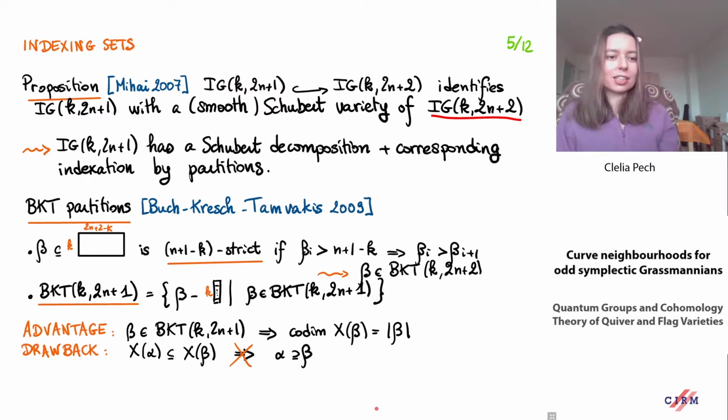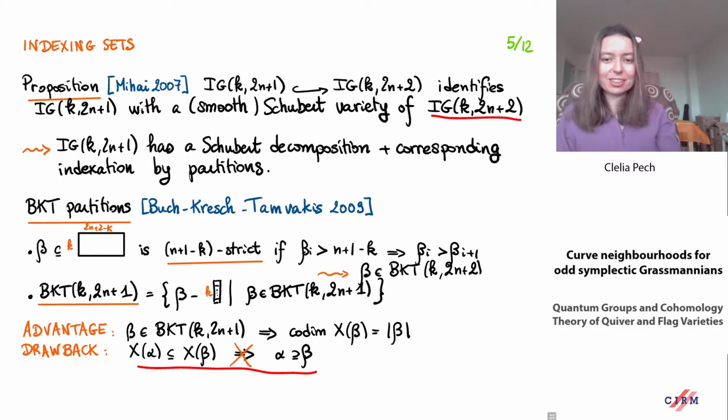However, there's a drawback, which doesn't always matter, but matters for what we're doing here, which is that I cannot read inclusion of Schubert varieties by looking at the inclusion of partitions. And this is something that the second indexing set is designed to remedy.